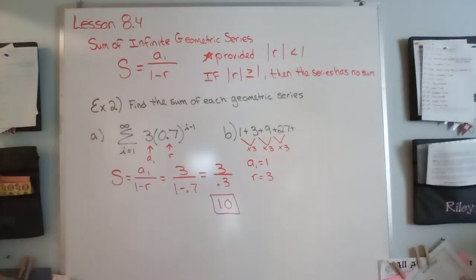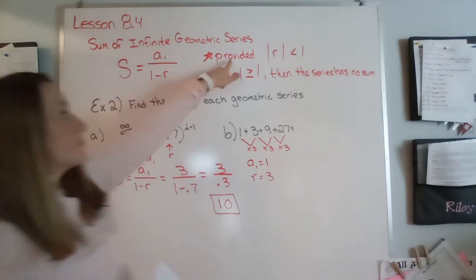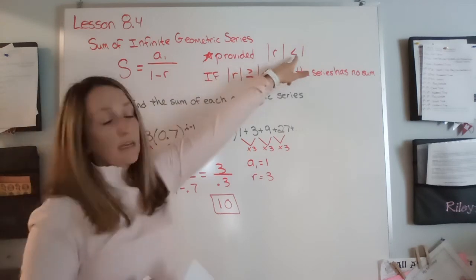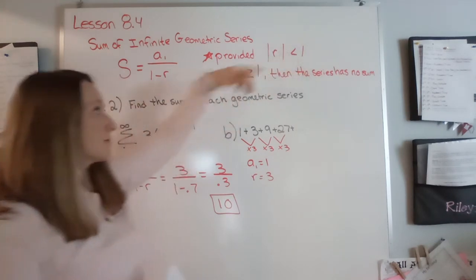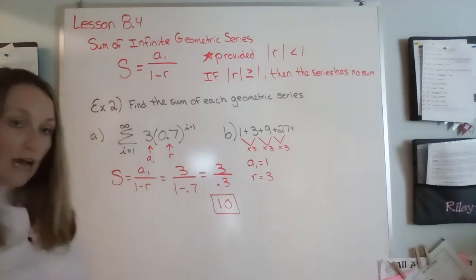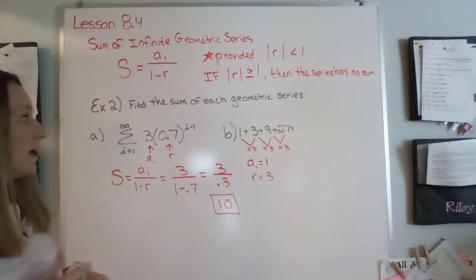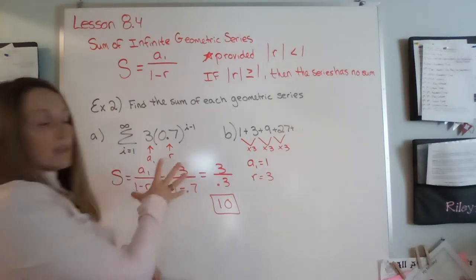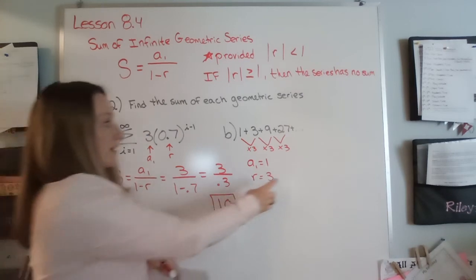Now stop before you jump right into using the formula. Is there a sum for this problem? Remember, the absolute value of r has to be less than 1. Is that less than 1? It's not, so you can't find the sum. Now why? Why could I find the sum here, but I couldn't find the sum there?